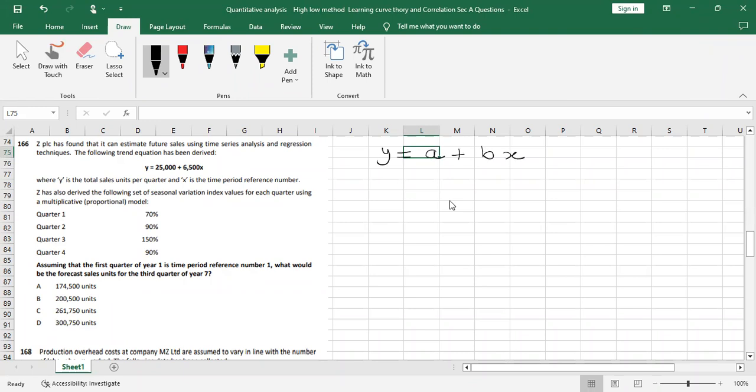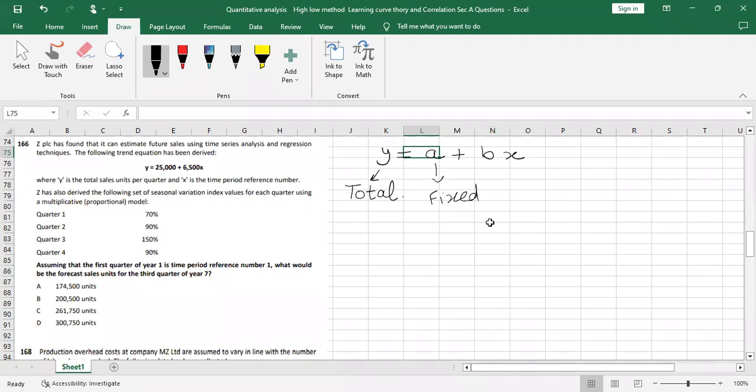What does it mean? Whenever we use the word y, it stands for total. It could be total overheads, total sales revenue, or total sales units. Total of any activity level or total of any specific thing is denoted by Y. A is always called fixed.